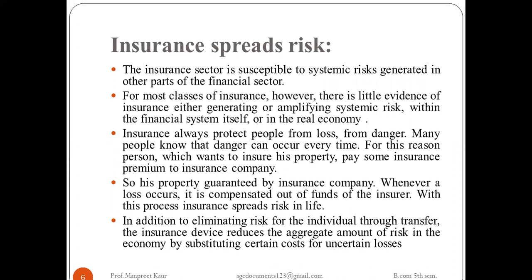In addition, the more we talk about is eliminating the risk for the individual through risk transfer devices, and reducing the aggregate amount of risk in the economy by sustaining a certain cost for uncertain losses.